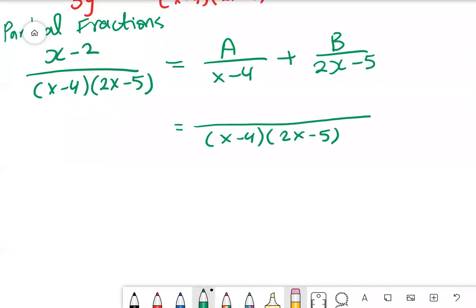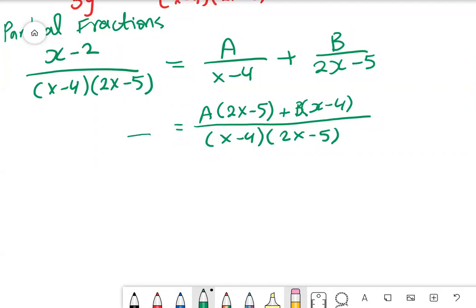Okay, so this is going to be a times 2x minus 5 plus b times x minus 4. Right? I have to do it. Yes.